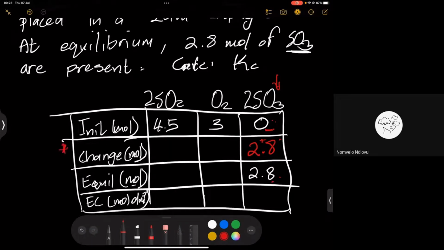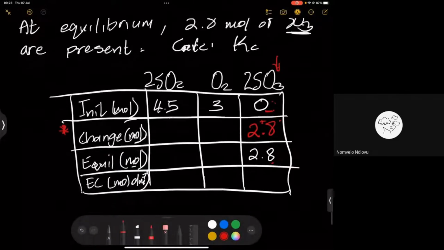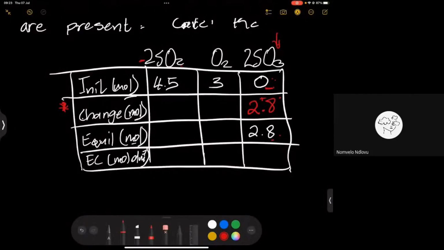Now, remember what I said. This part here on the change, this is where we use our ratio. Now notice this. For every 2 moles of sulfur dioxide, I form 2 moles of sulfur trioxide. What does that mean? It means whatever amount of sulfur trioxide I have, I will have the same amount of sulfur dioxide. So for 2.8, how much will I have? I will also have 2.8.